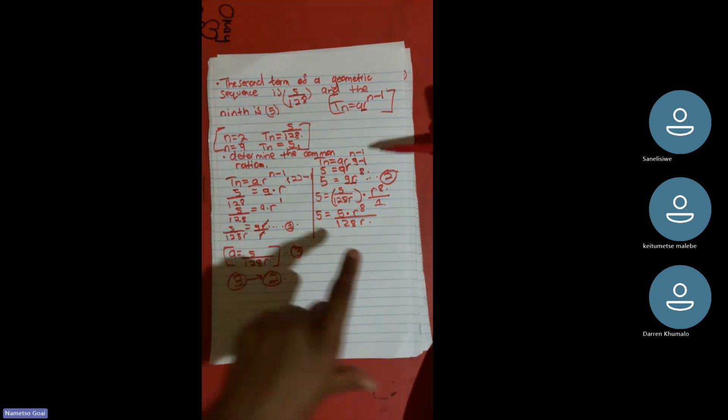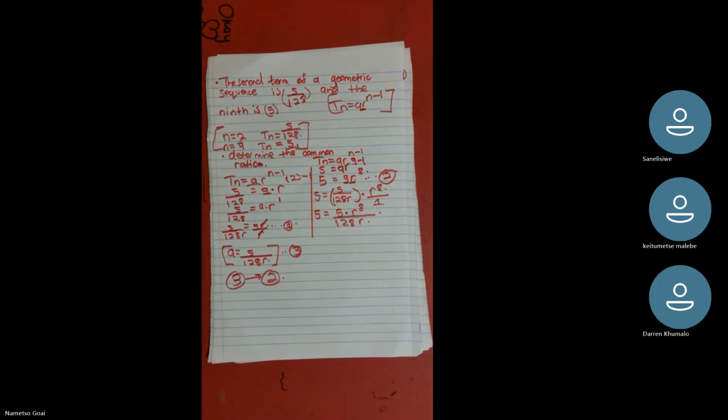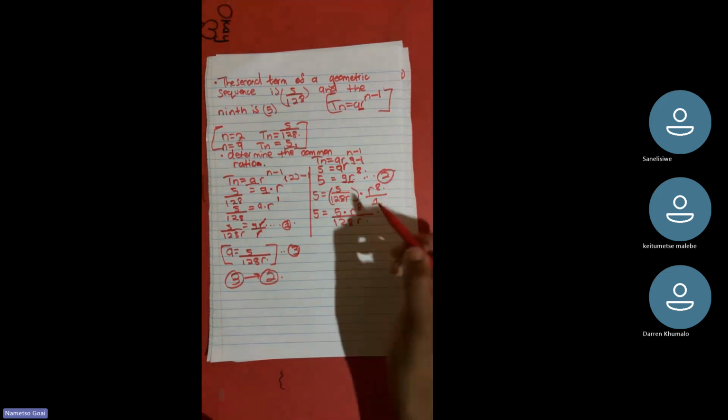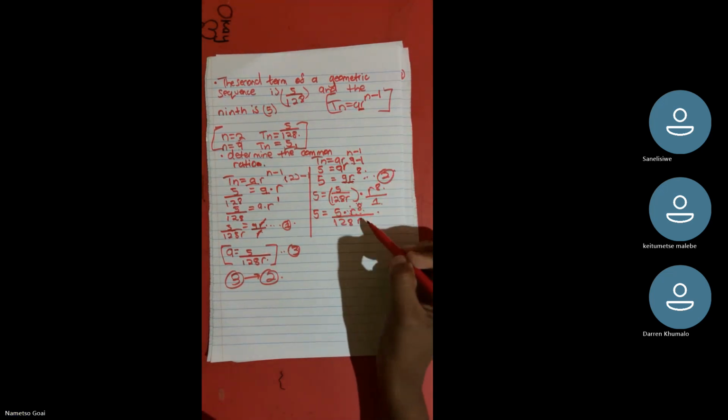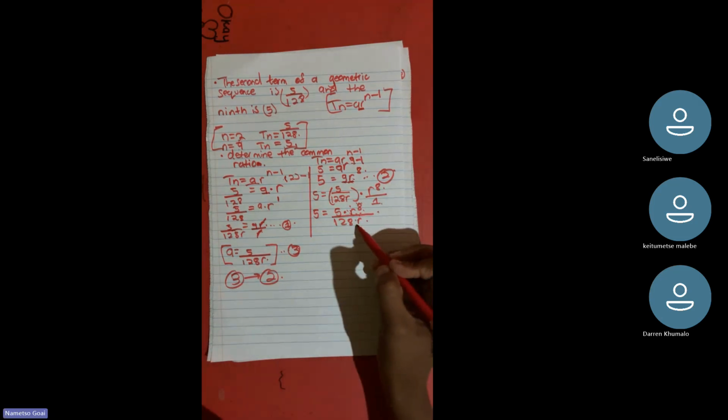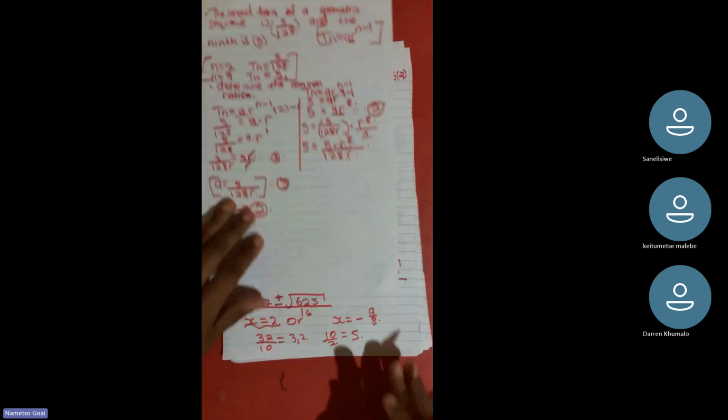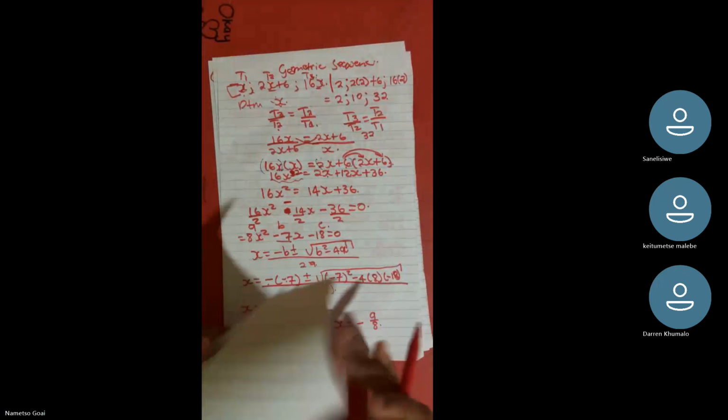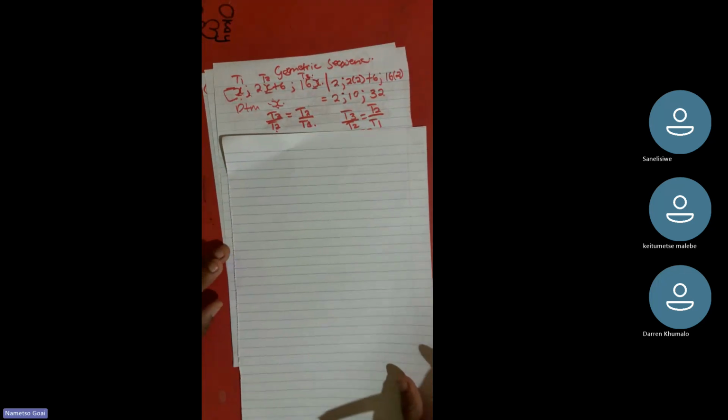Are you guys with me until this point? Like, you get what's happening until this point? Yes. Okay, great. Okay, fine. Now, as we can see over here, we have R raised to the power 8. Over here, we have R raised to the power 1. Remember the laws of exponents, right?